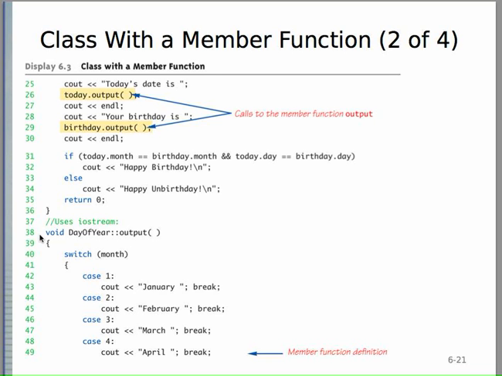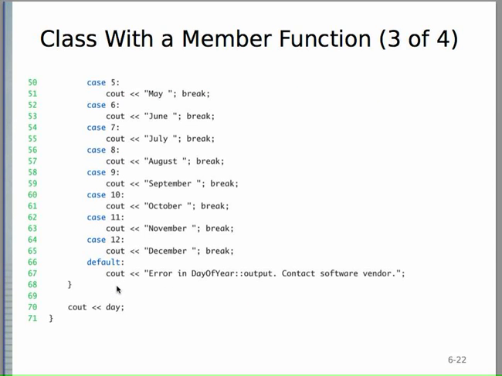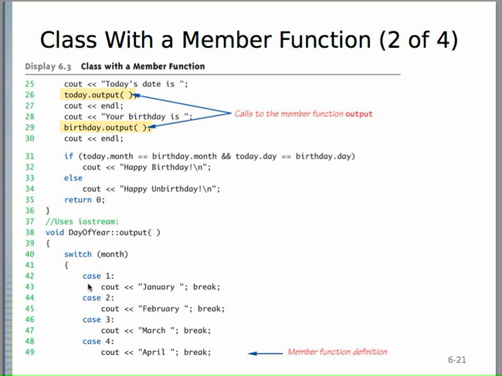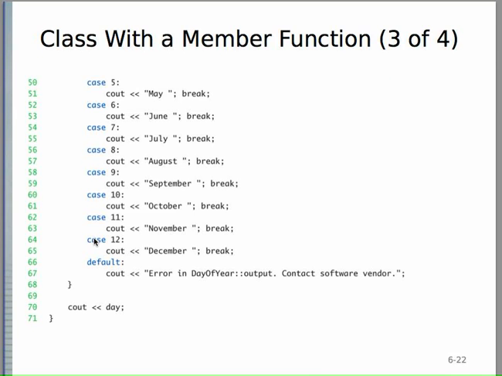Here it is, void, and then the name of the class, scope resolution operator, name of the function, open close parentheses. If you had parameters, we'd put them here. And then there's the method body, or the function body. Let's scroll back up. There's the beginning. Scroll down. There's the end of that function.